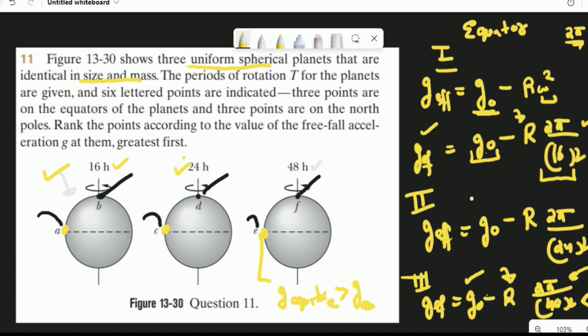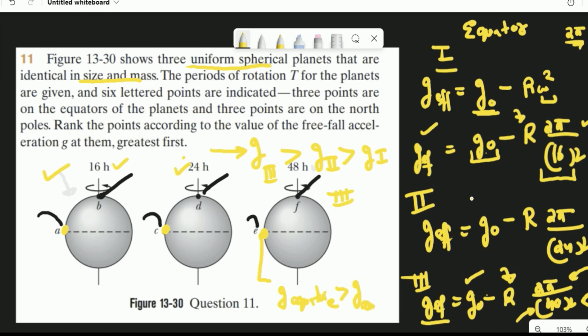The way this will work is G third planet is greater than G second planet is greater than G first planet. Why? Because this quantity is the largest one, divided you will get the smallest quantity. So G naught minus the smallest quantity will give you the largest one. So this is the sequence for gravity at the equators.